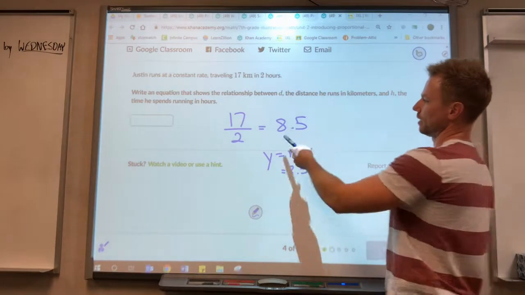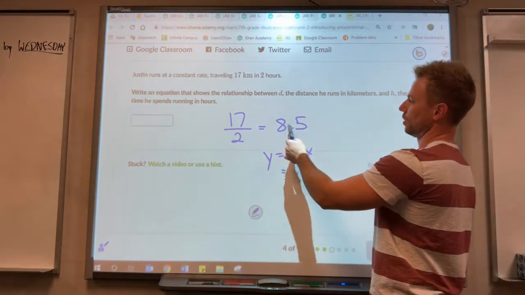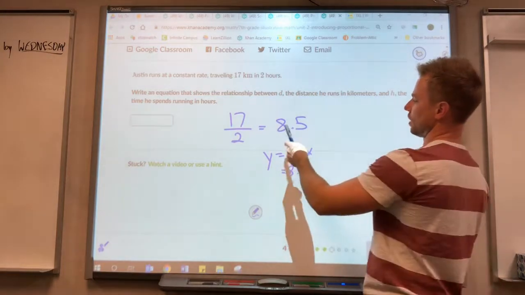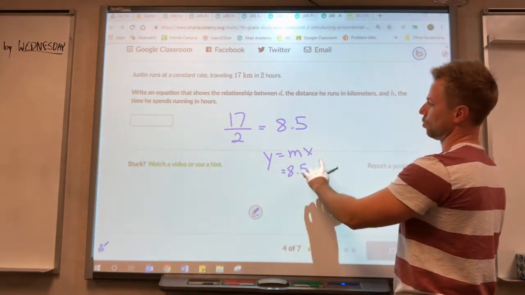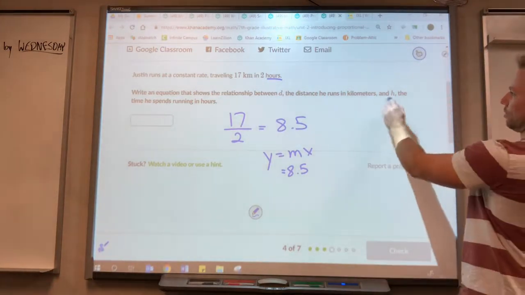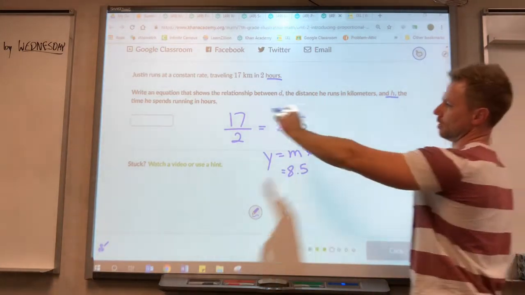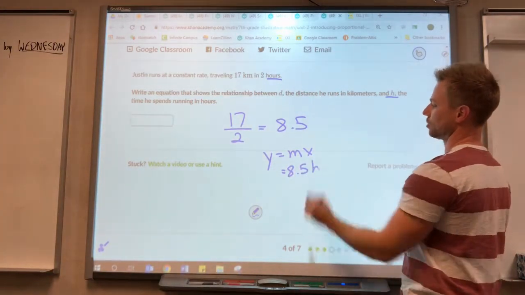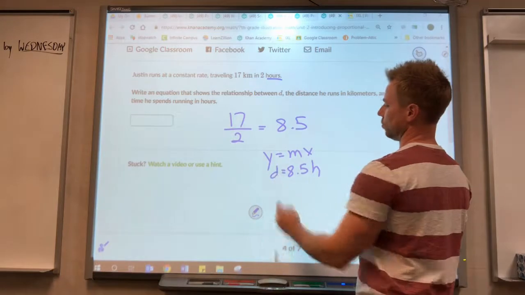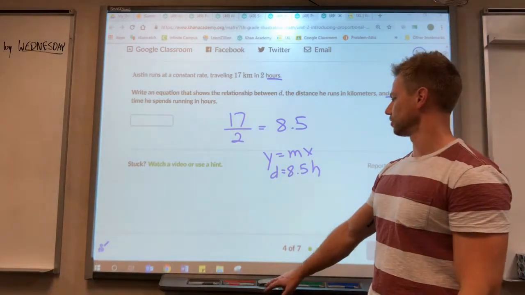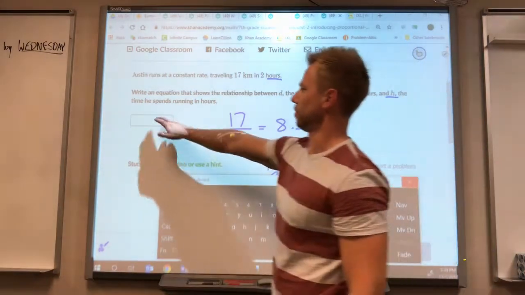Well, when you look at that, you can figure out pretty quick that you take 8.5 times 2 to get 17. So that means what has to be next to the 8.5 are the hours, and that would be H, because it says H is the time he spends running in hours. So we put H next to 8.5, we'll put D on the other side, and then we have our equation. D equals 8.5H.